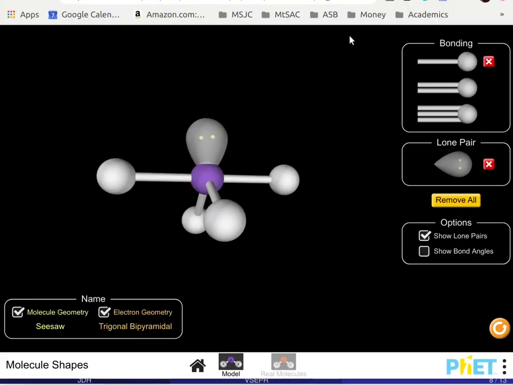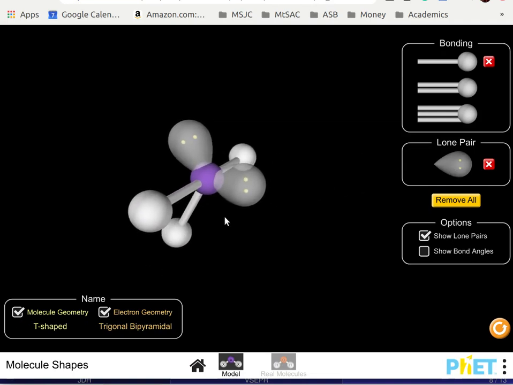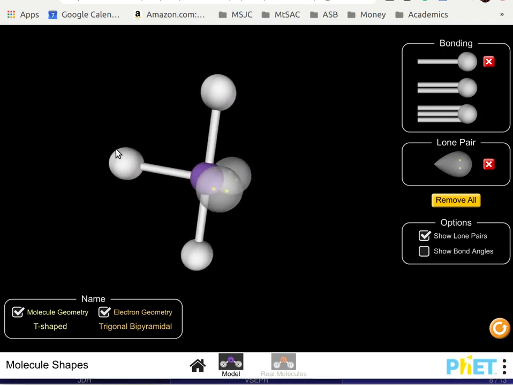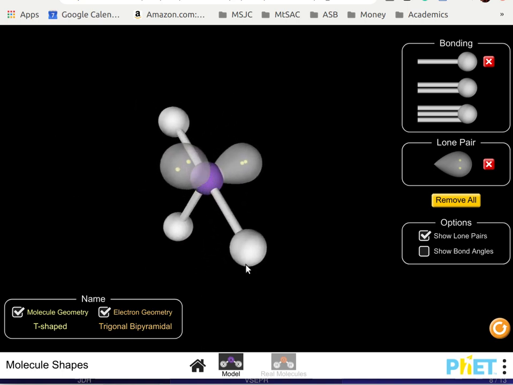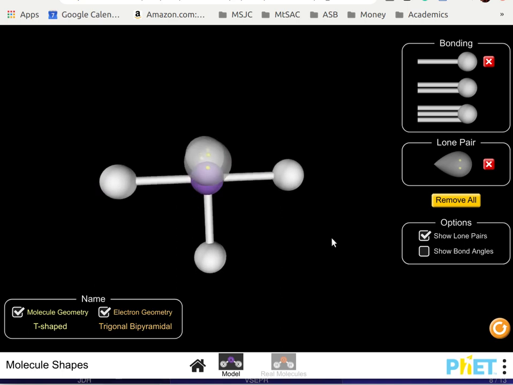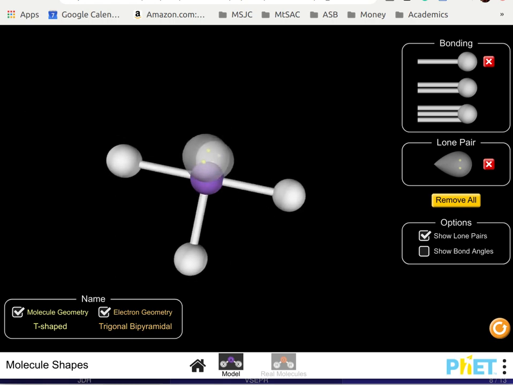Okay, so then as you'd expect, if we were to take out one of those bonds and replace it with another lone pair, we're of course going to put that second lone pair also in an equatorial position, and that will give us a T-shaped molecular geometry. So once again, we still have 5 groups, so it's a trigonal bipyramidal electron geometry, but the molecular geometry is now T-shaped.